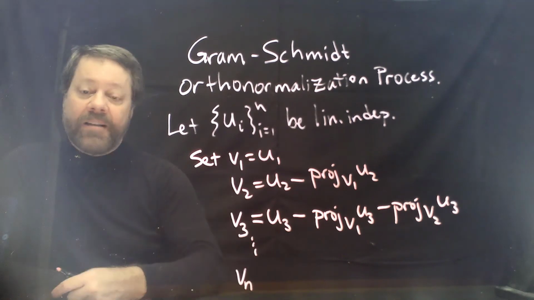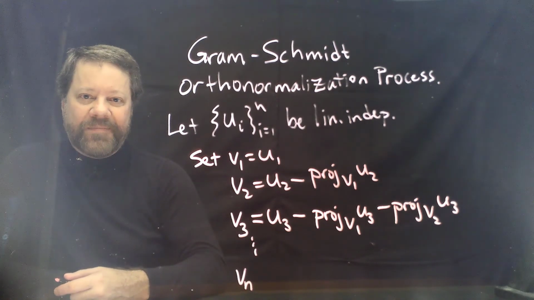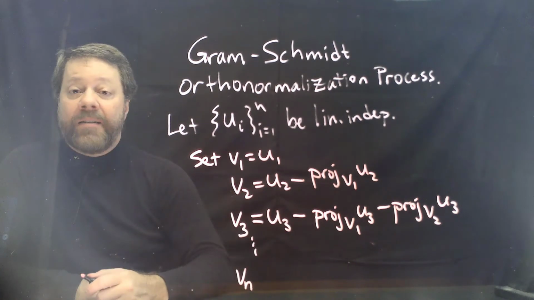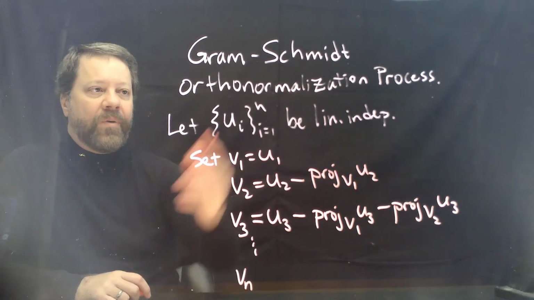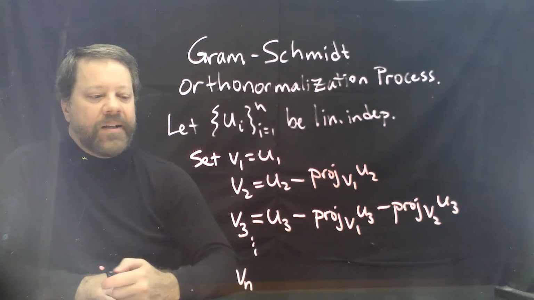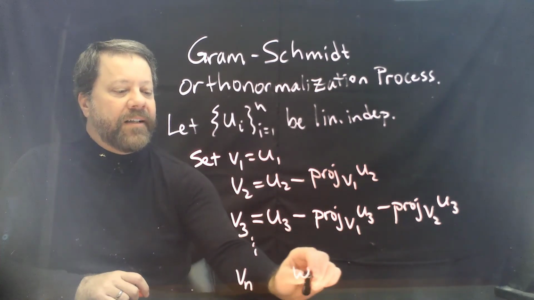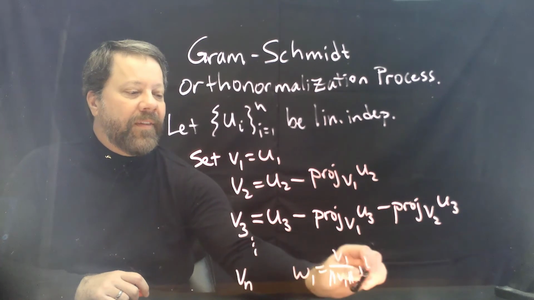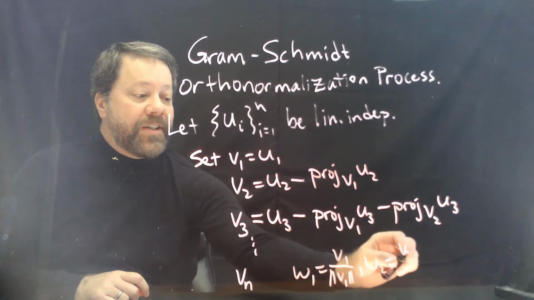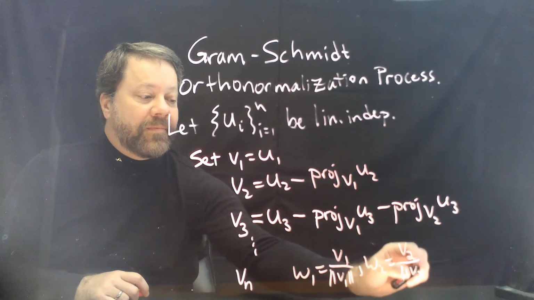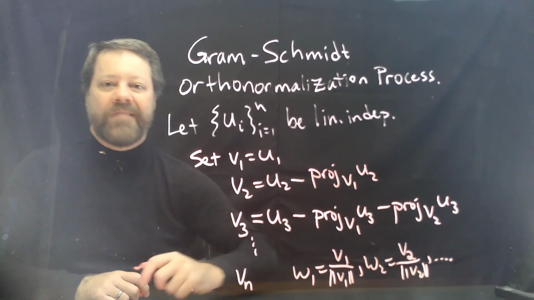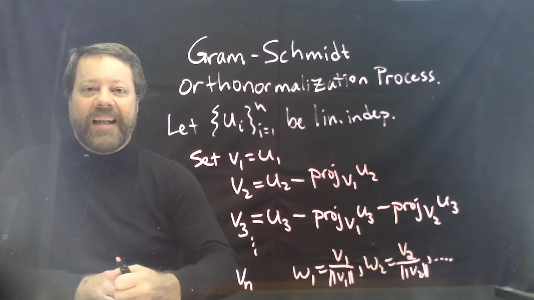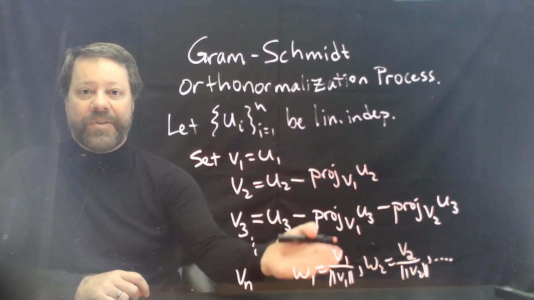These vectors that you get will all be orthogonal to each other, but they won't necessarily be normalized. They won't be orthonormal. So what you do is you set W1 to be the normalization of V1. W2 is the normalization of V2, and so on. That way, you can start off with a linearly independent set and construct from it an orthonormal set.